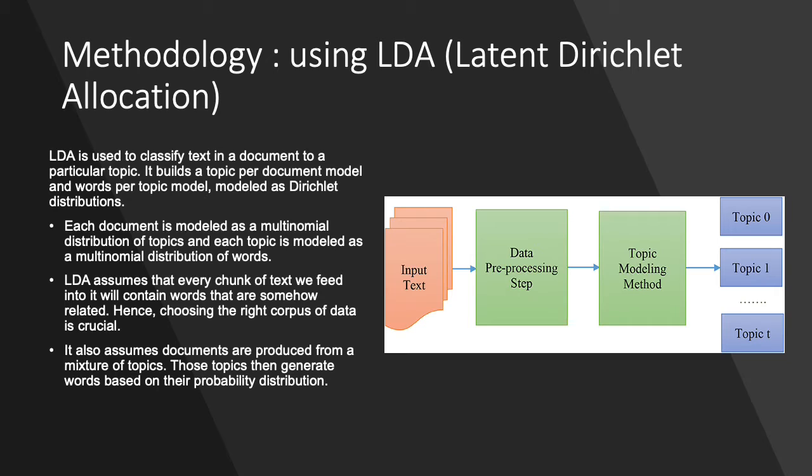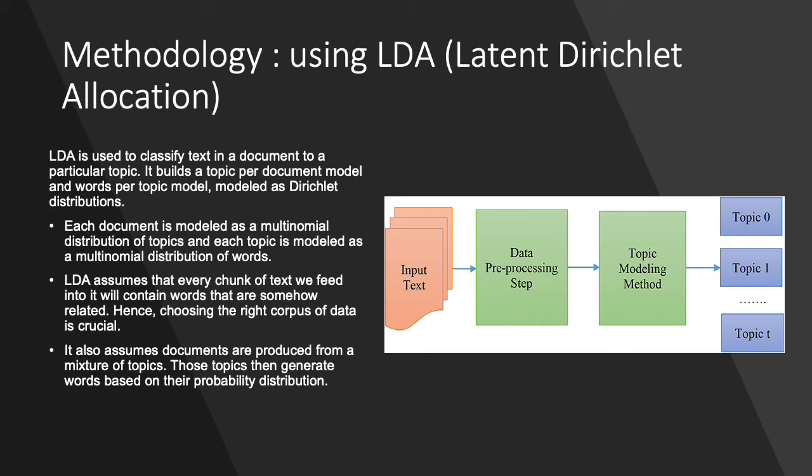So in the end, when we get the results, which we will see in the coming slides, we get a group of probability scores for each topic, and probability scores for the words allocated to each topic. As mentioned in the slide, the topics are generated based on the probability distribution.